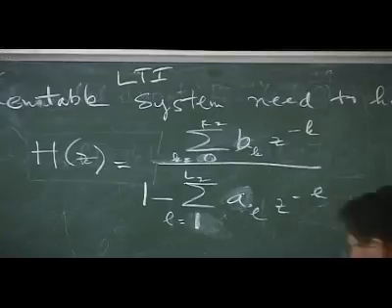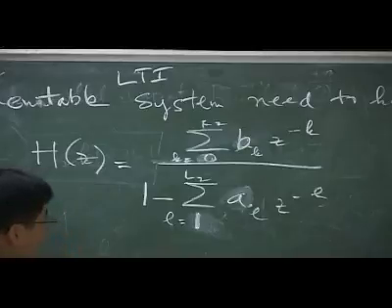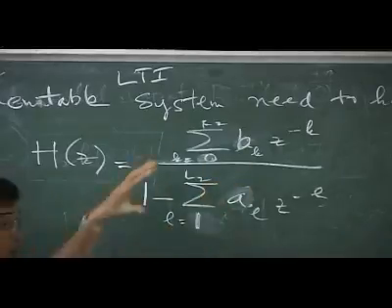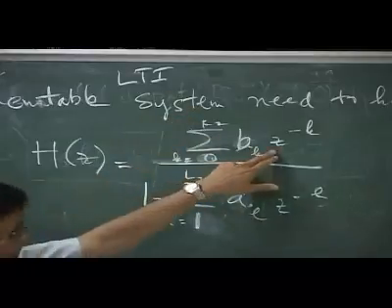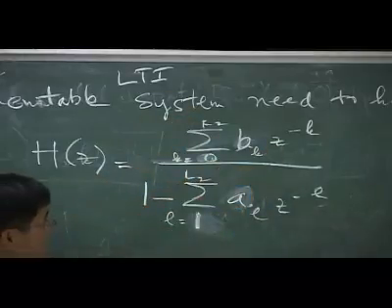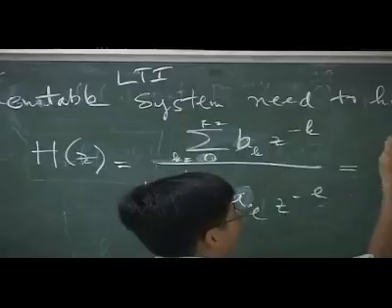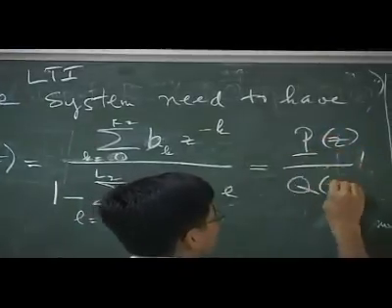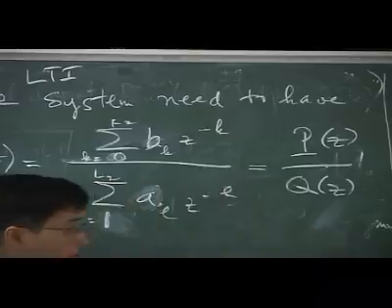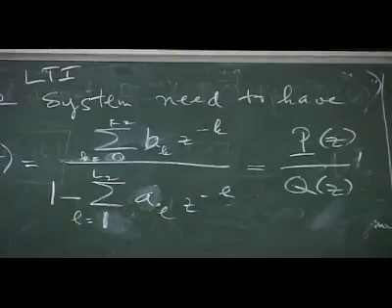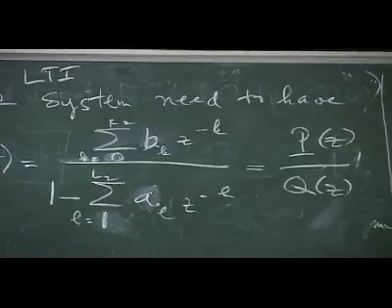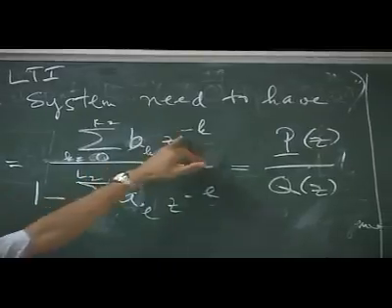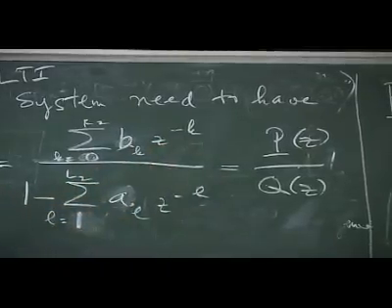Because it's a polynomial in Z, in general I can write it as P of Z over Q of Z. It is a polynomial in a more general sense, since I have a Z to the minus 1, but okay.